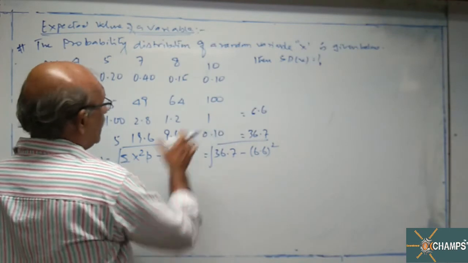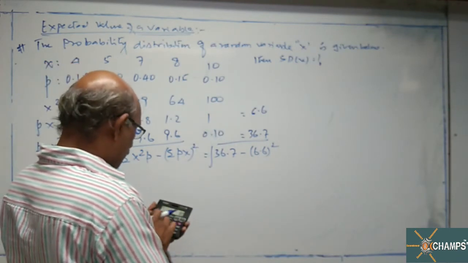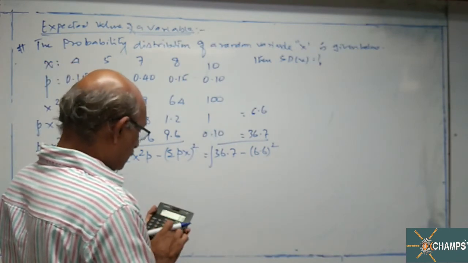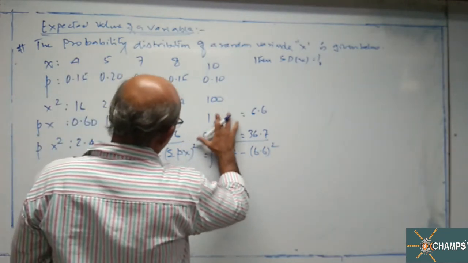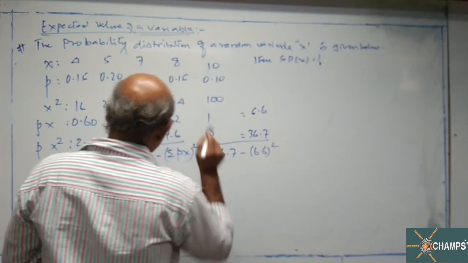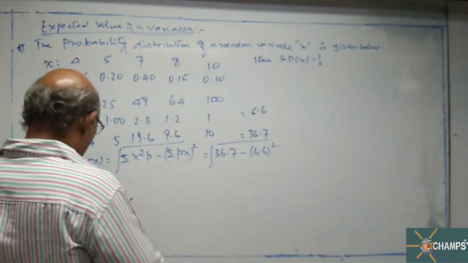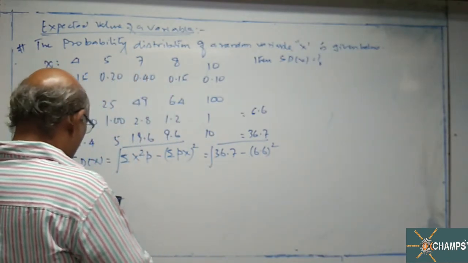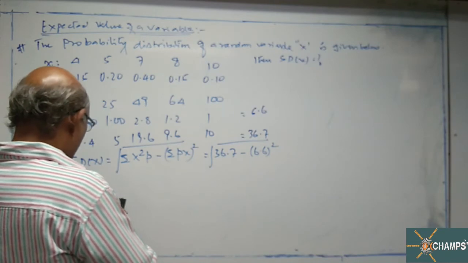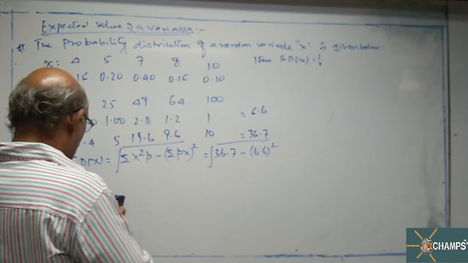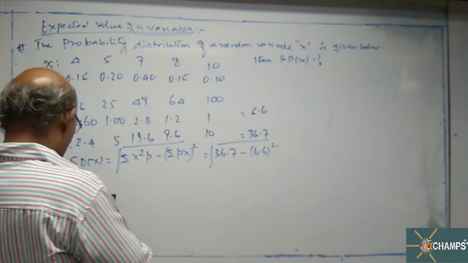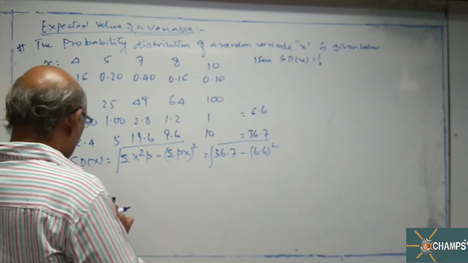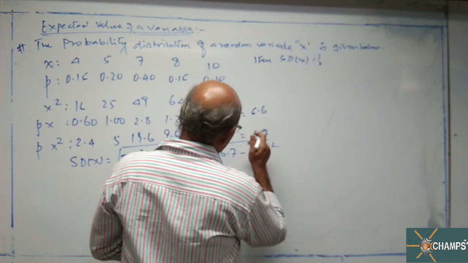So this value 100 into 0.10 is 10. Plus 9.6 plus 19.6 plus 5 plus 2.4, 46.6.